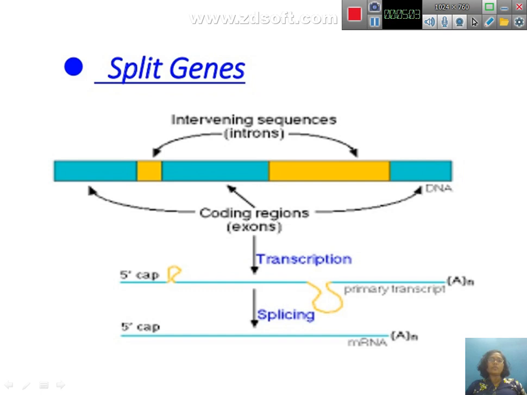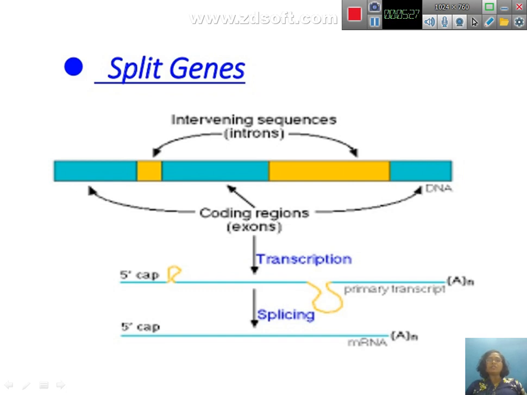From the coding regions or the exons only you will get a messenger RNA. These two intervening sequences which are present, this is one intervening sequence which is a non-coding region, and this is your second intervening sequence which is non-coding. So these will not get transcribed into the mature messenger RNA.